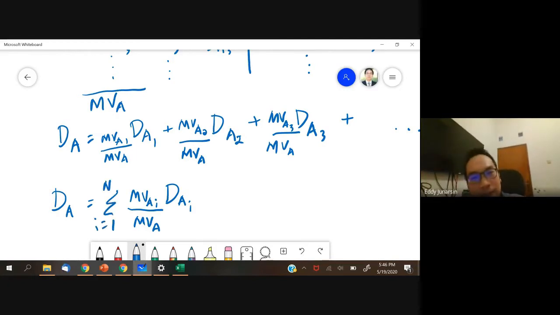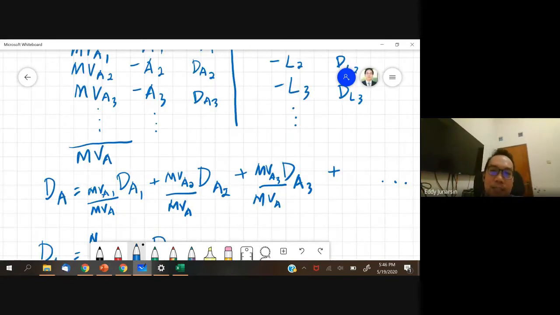So this is the weighted average of individual asset durations. And what is the weight? The weight is the market value proportion of that asset relative to the whole market value of the assets.